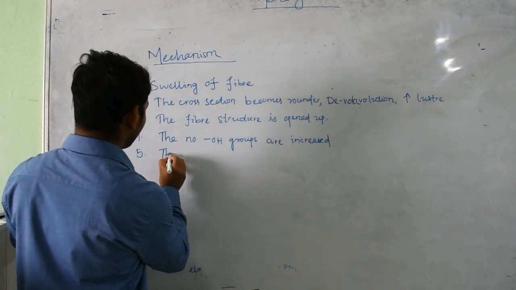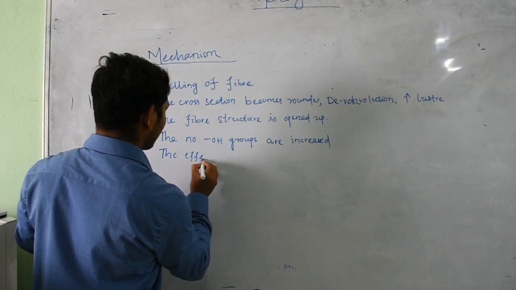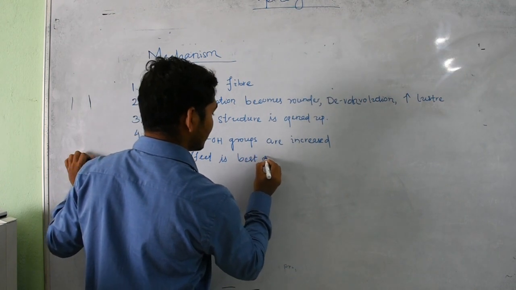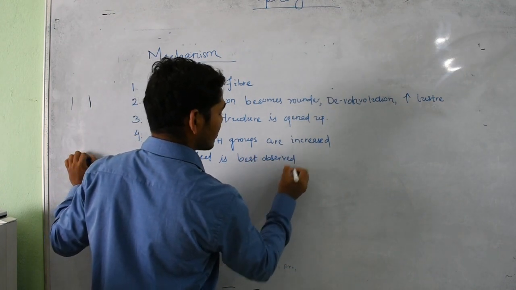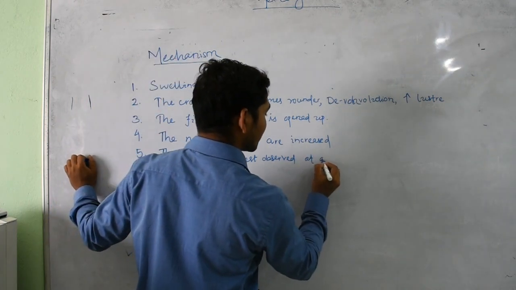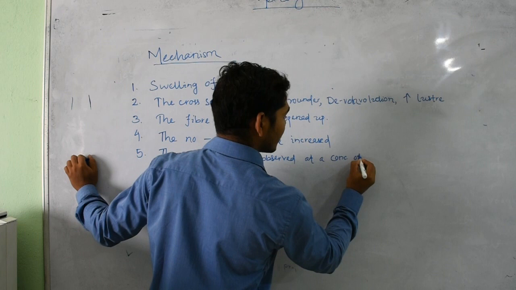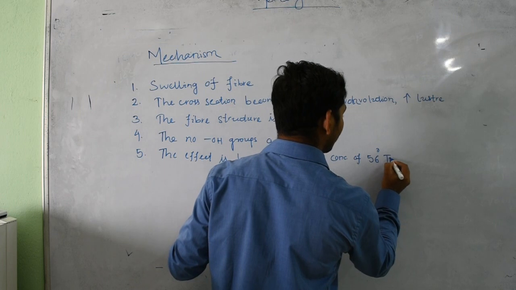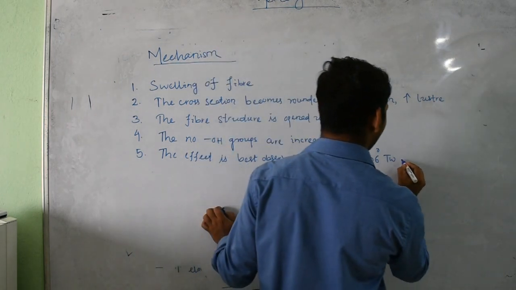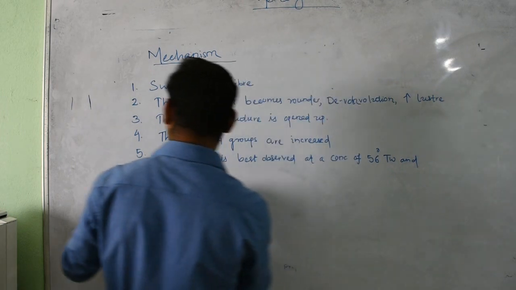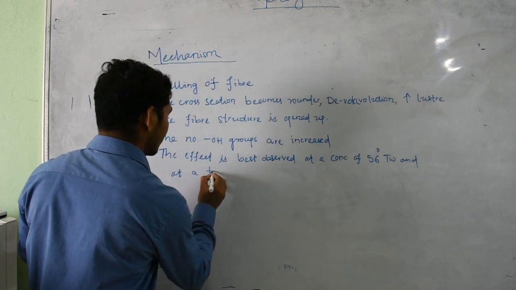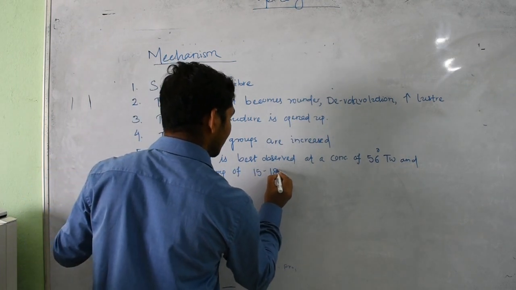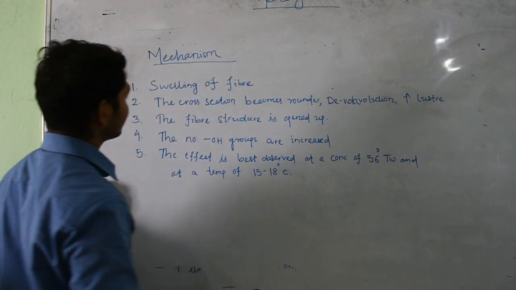The effect of mercerization is best observed at a concentration of 56° Tw and at a temperature of 15 to 18° centigrade.